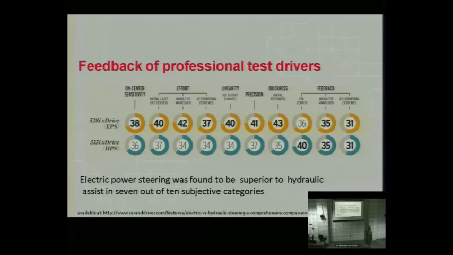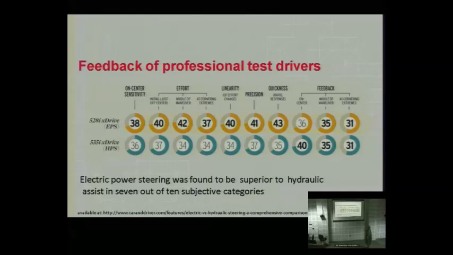And you can see that when it comes to on-center sensitivity, effort, linearity, precision, quickness, this electric power steering system outperforms the hydraulic power system. So everything they're happy about.